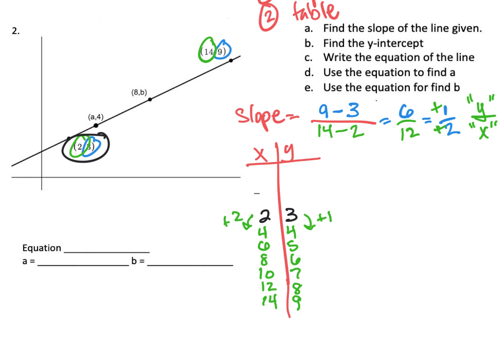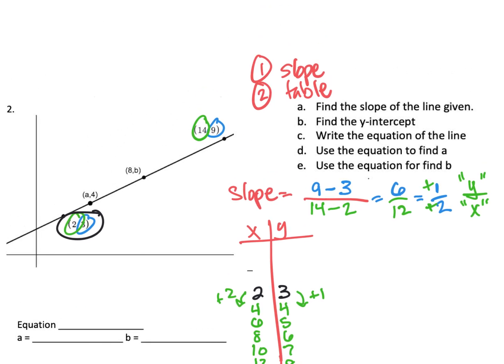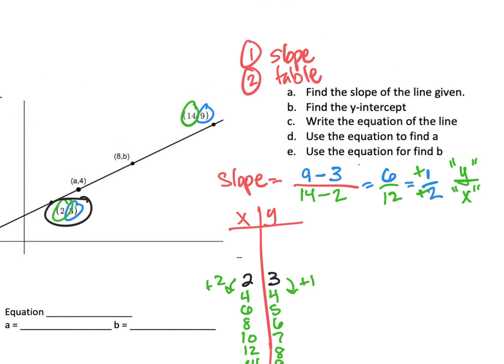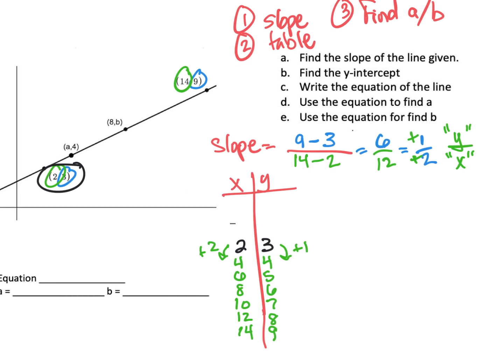So now we want to find missing A and B. So if we look at it, A is sitting with 4 on the x. So we have 4 on the y, and that is here.